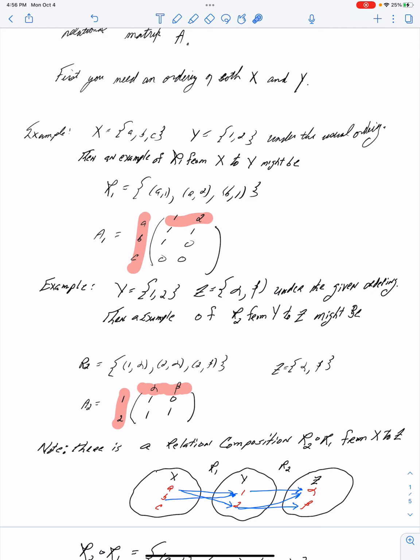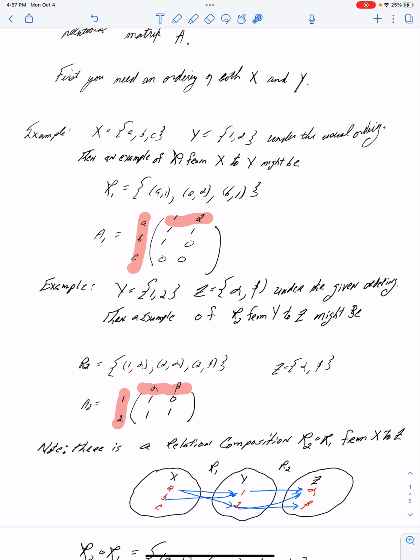It also has an (A,2) in my relation. So in that position, row A, column 2, I'm going to put a 1, etc. It's got a (B,1). That puts a 1 here. It does not have a (B,2), so that's why I have a 0 here. It lacks a (C,1) and it also lacks a (C,2), so I put zeros there.